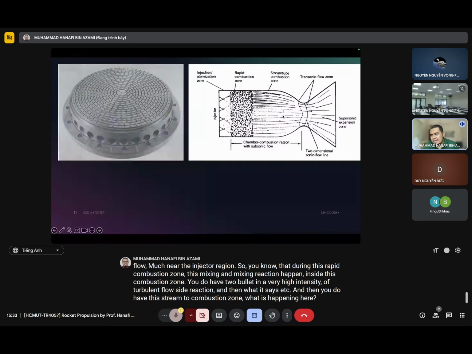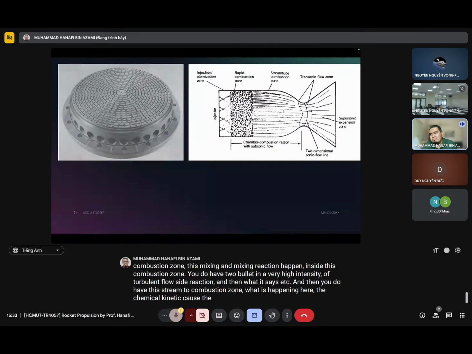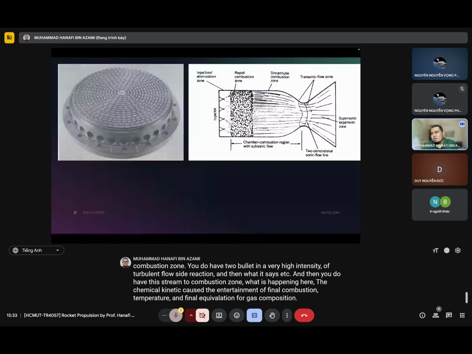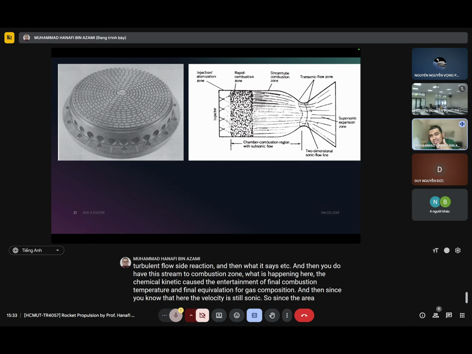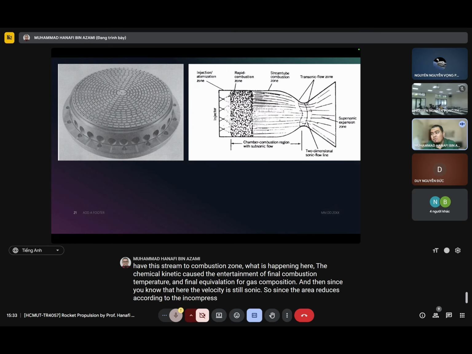What's happening here? The chemical kinetics cause the attainment of final combustion temperature and final equilibrium reaction for the gas composition. Since the velocity is still subsonic, and the area reduces according to incompressible flow, it starts to accelerate.